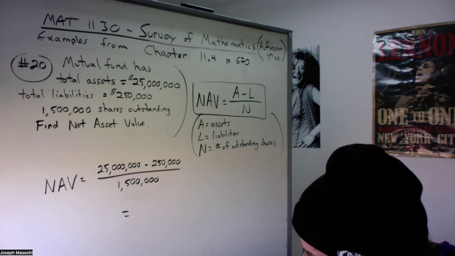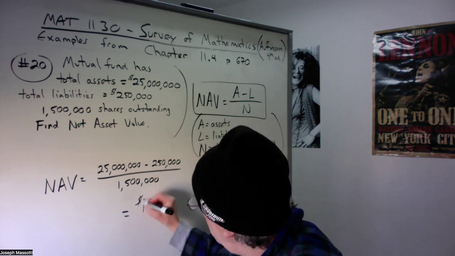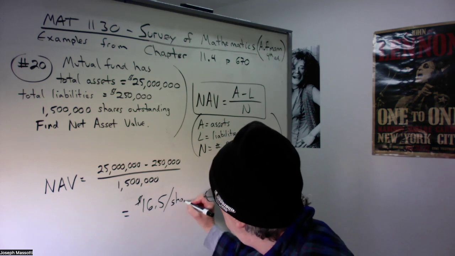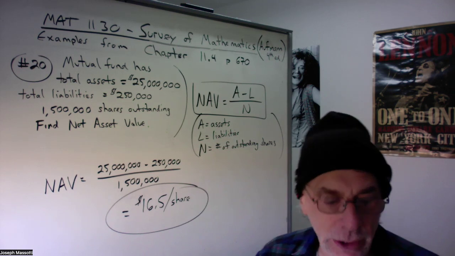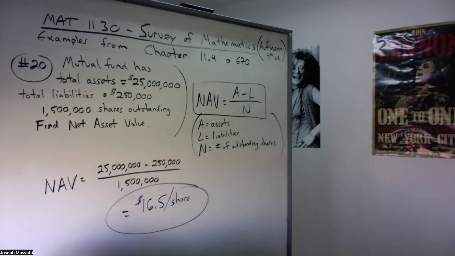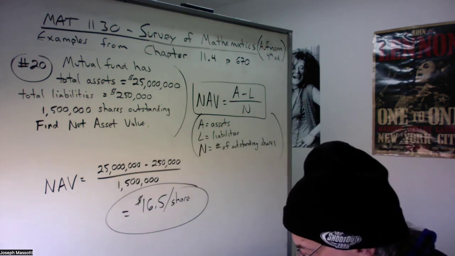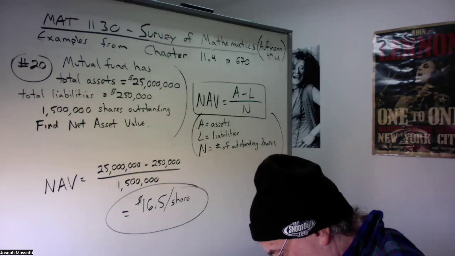And we end up with $16.50 a share. And that's going to be your net asset value for that mutual fund, $16.50 per share.